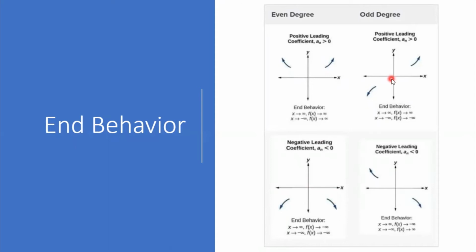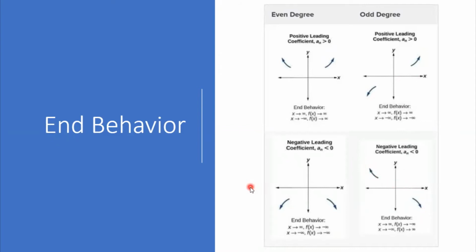Or if the degree is odd, for example, we compare it to x cubed. For x cubed, if the leading coefficient is positive, then it starts from here going here, right? And if the leading coefficient is negative, it starts from here going here.